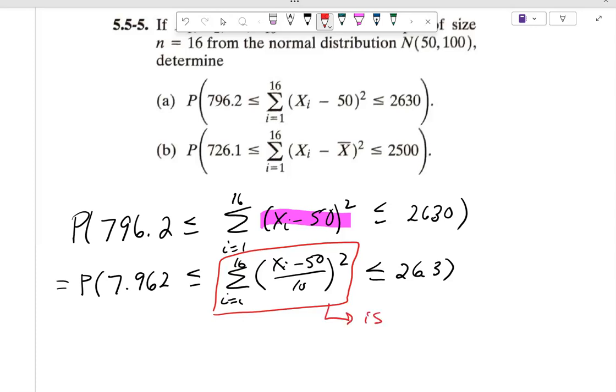What type of distribution does that have? And how many degrees of freedom? That part has 1. How many of the ones are we adding together? 16. So the degrees of freedom is 16. Yeah, exactly. Good.